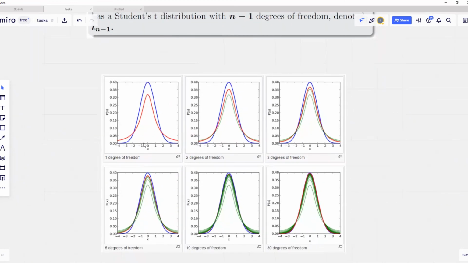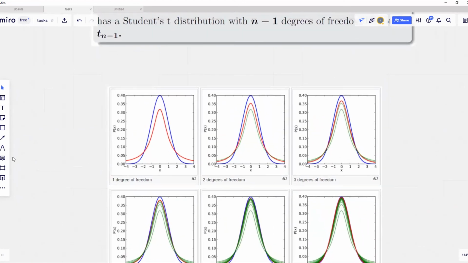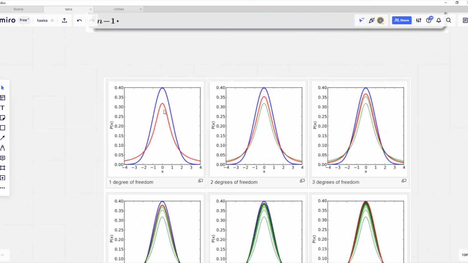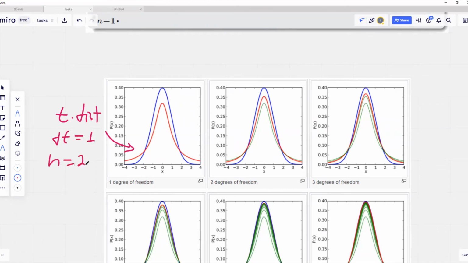We can see that from the following nice pictures that I have stolen from Wikipedia. Here in red we have student t distribution with degrees of freedom equal to 1, so sample size n is equal to 2. And in blue we have the standard normal distribution.